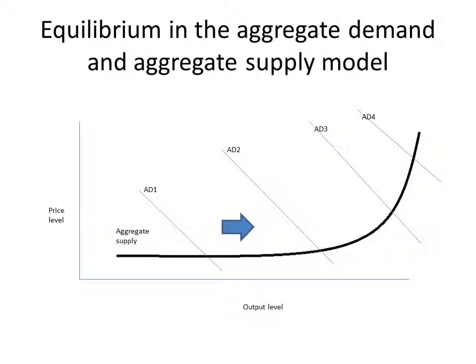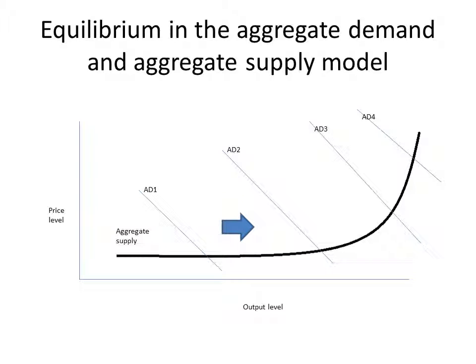Now, what we do in this graph is we combine the aggregate demand curve with the aggregate supply curve. As you can see, I have a standard graph, price level vertical, output level horizontal, and we have an aggregate supply curve, which I have drawn, and then we have 4 aggregate demand curves, AD1, AD2, AD3, and AD4.